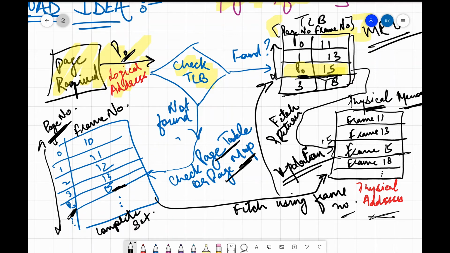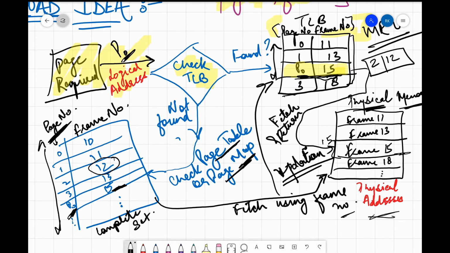Okay, so let's say there was some page number which was requested, and let's say 3 is already here, 2 is not there. Let's say page number 2 was requested. We found out from the page map that the index of frame number is 12, it is present at the 12th frame number. Then the entry which would have been added over here in the TLB would be what? 2 and 12. This entry would be added over here.